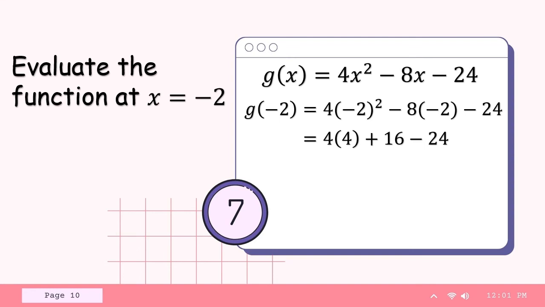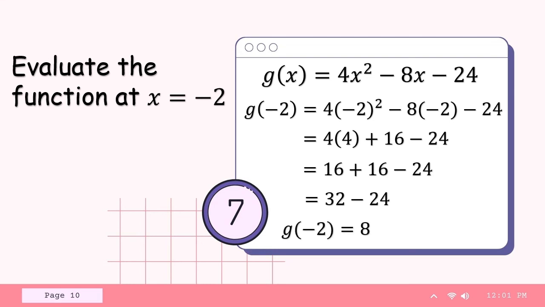So it will become 4 times 4 plus 16 minus 24. 4 times 4 is equal to 16. So we'll have 16 plus 16 minus 24. 16 plus 16 is equal to 32. So it will become 32 minus 24. 32 minus 24 is equal to 8. Finally, we have g of negative 2 is equal to 8.